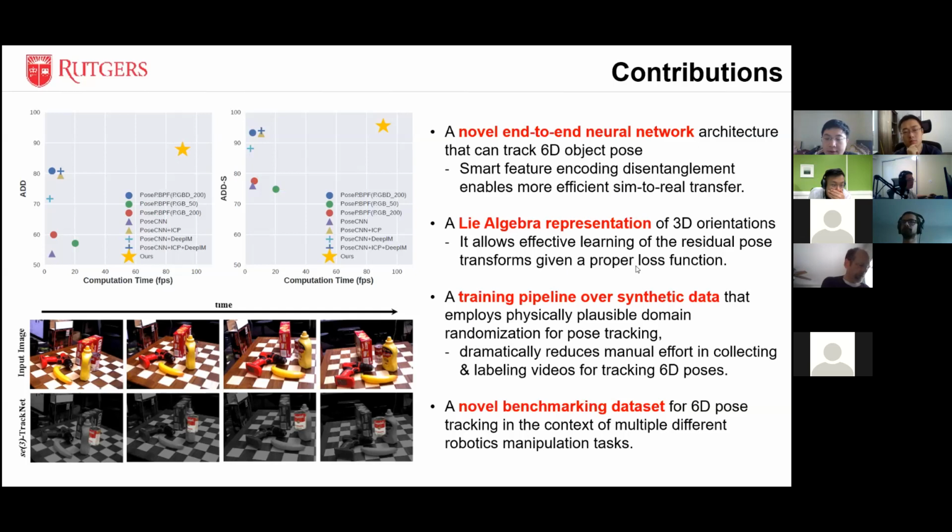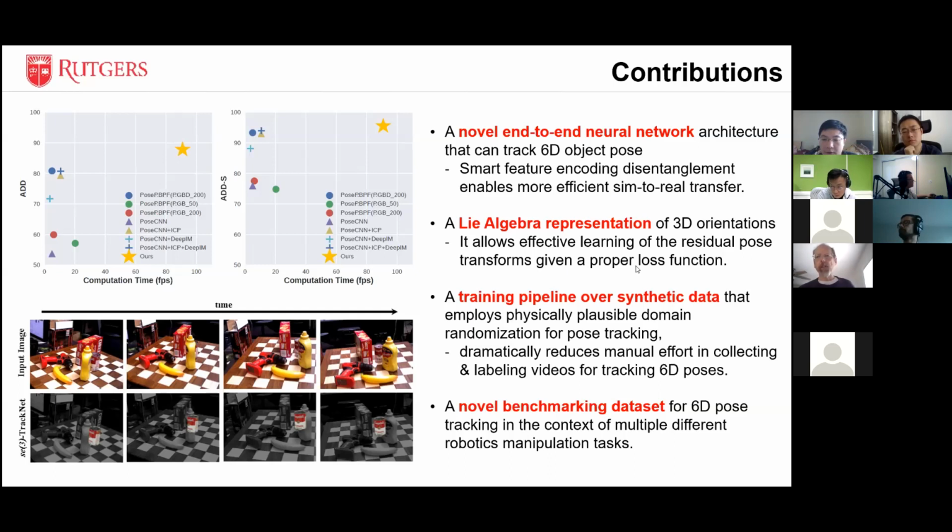Also, the rotation is in SO(3) space, which is more tricky. Instead of directly regressing the rotation matrix, we choose to use the Lie algebra representation of the 3D orientations, given that it has been shown successful for predicting the residual rotation in the Lie algebra space.